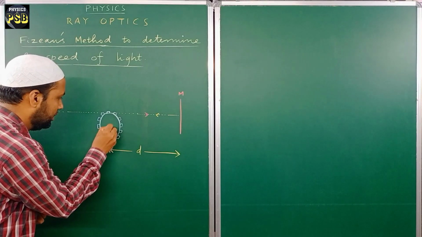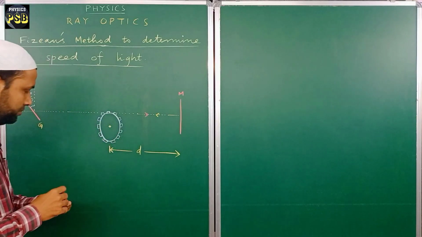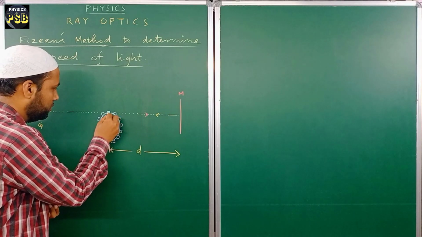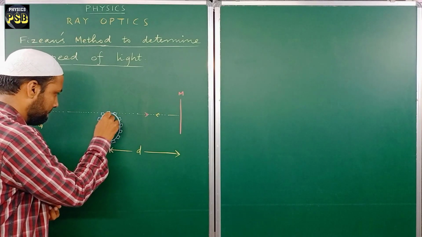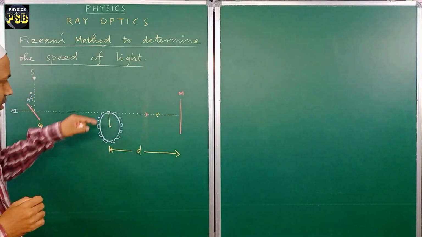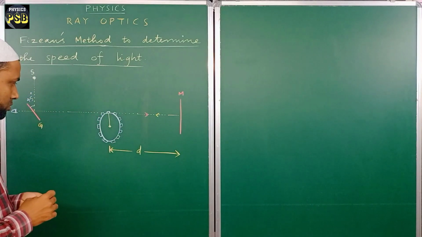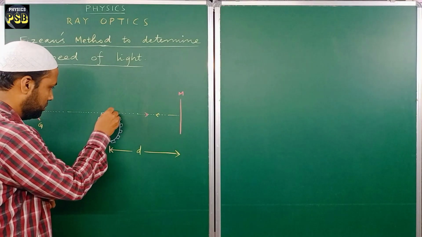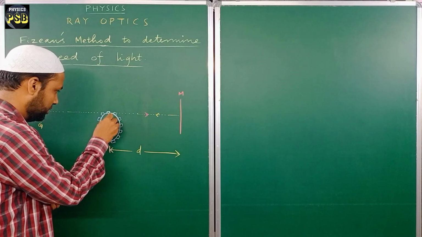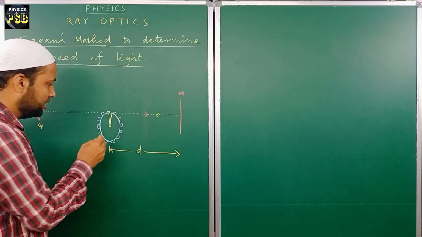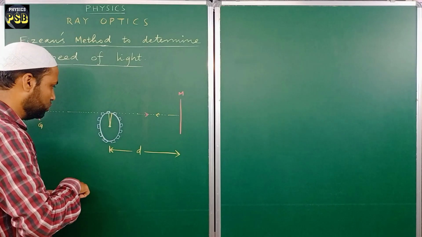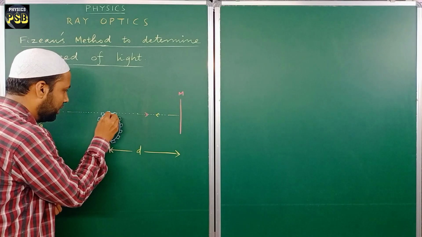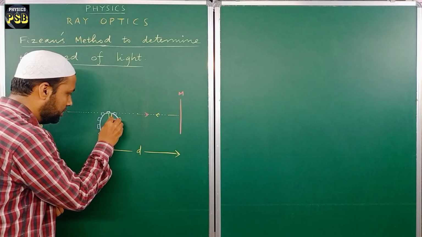Suppose I take this as the center of this wheel. Suppose this is the line which connects the tooth to the center. Now, if I draw a line from the center to the next cut, then the angle between these two is taken as theta.